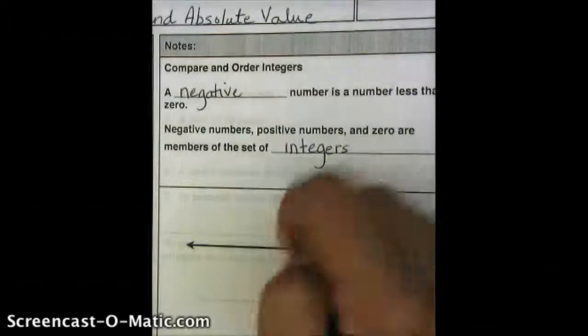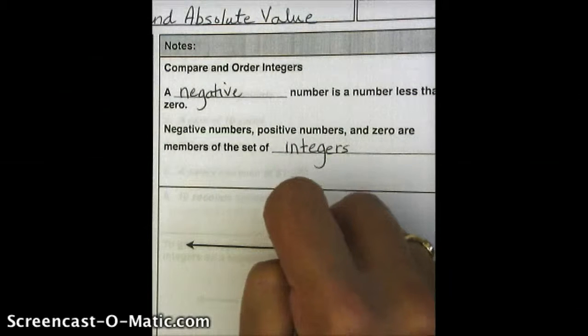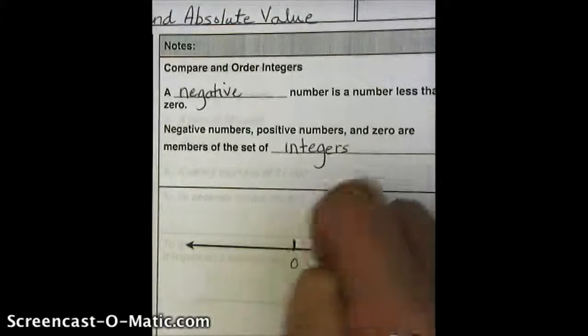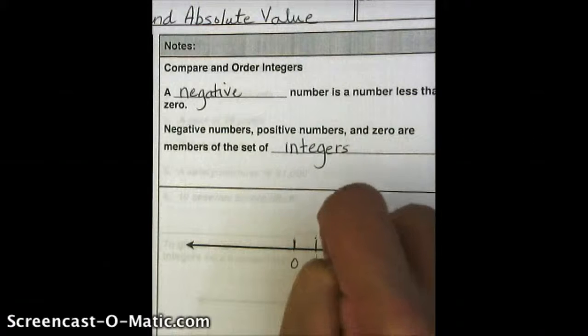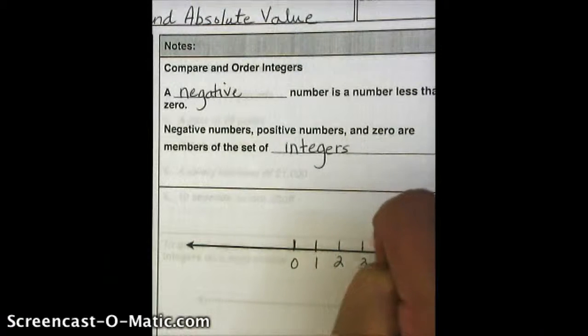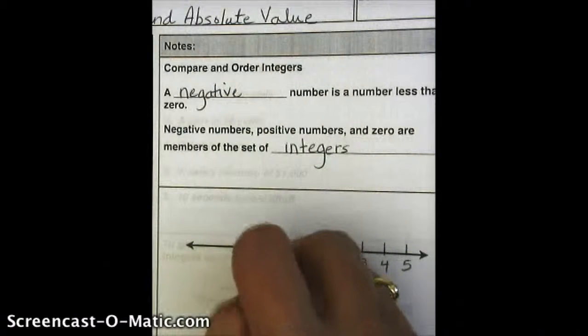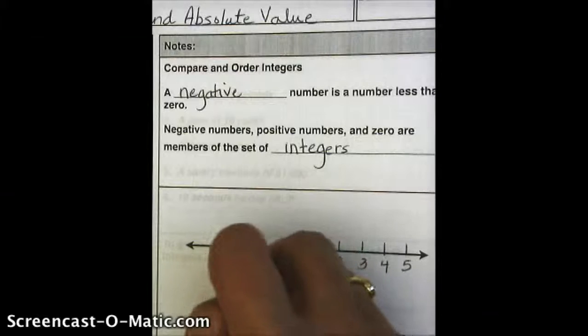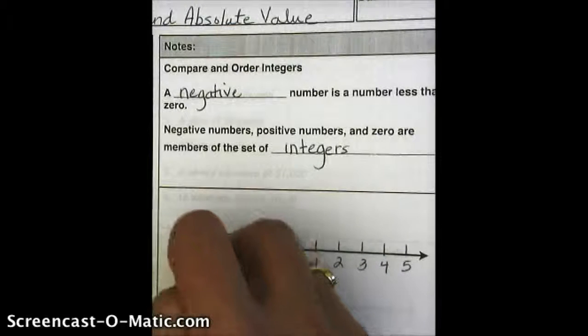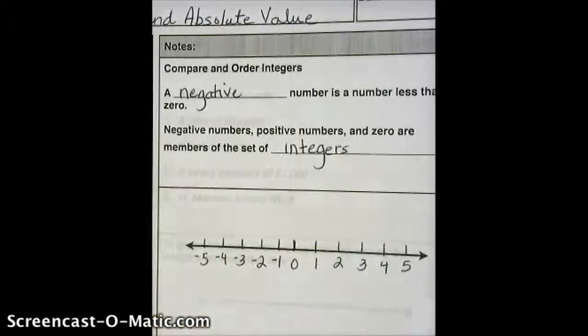Let's look at the number line. Let's go ahead and write our numbers in. So we'll write 0 in the middle, 1, 2, 3, 4, 5. And on the other side, negative 1, negative 2, negative 3, negative 4, and negative 5.